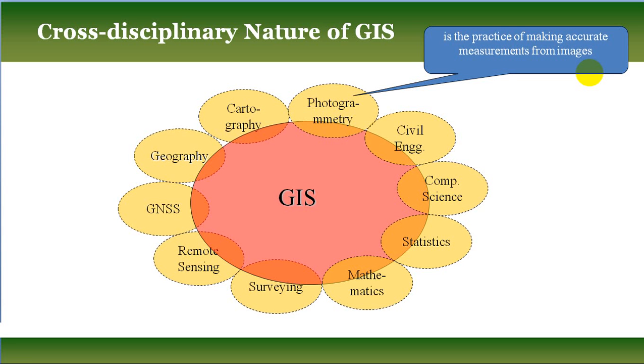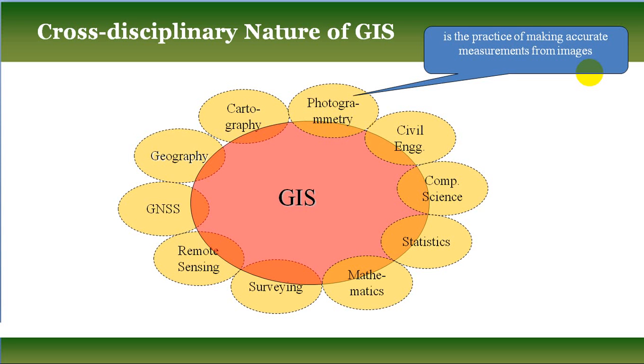In GIS software nowadays, this photogrammetry technology is also incorporated, so that once you collect building height, tree height, or surface elevation points, they can be used in GIS for different types of map making and map analysis.